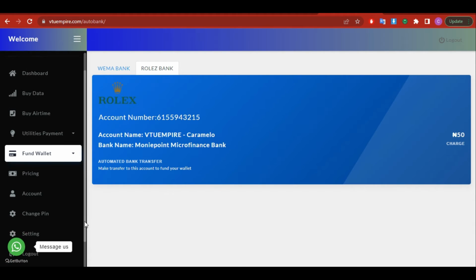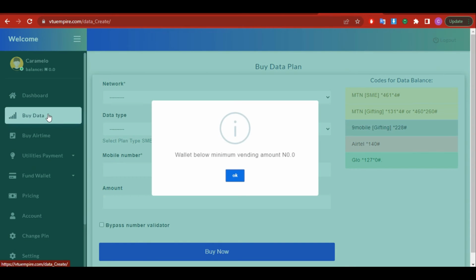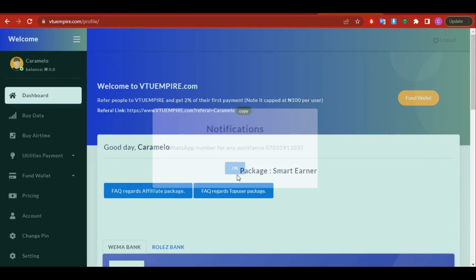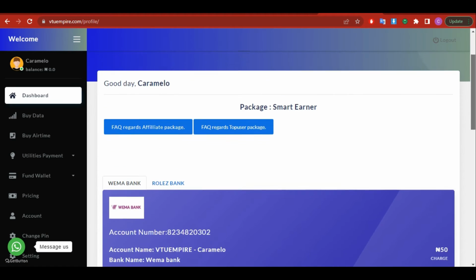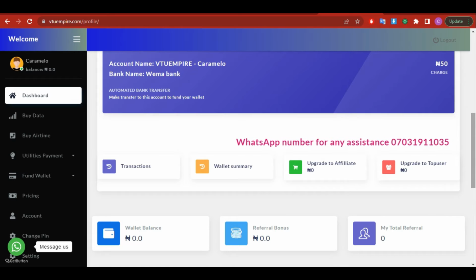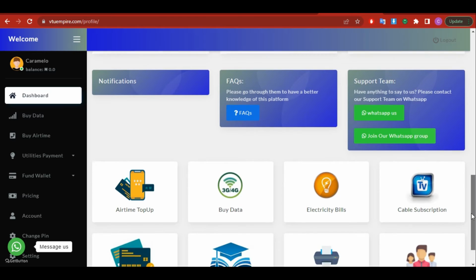So once you are done with funding your wallet, the next thing is to start marketing your data plans. You really don't need them to buy first before you start funding your wallet, so you don't have any delay in transaction.